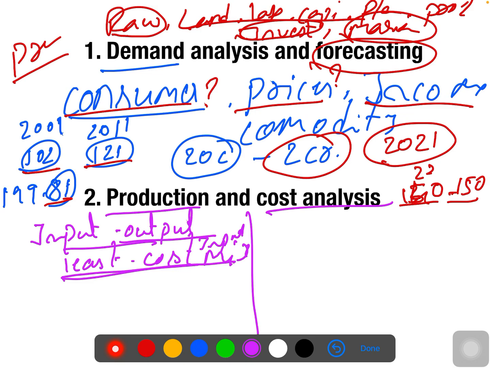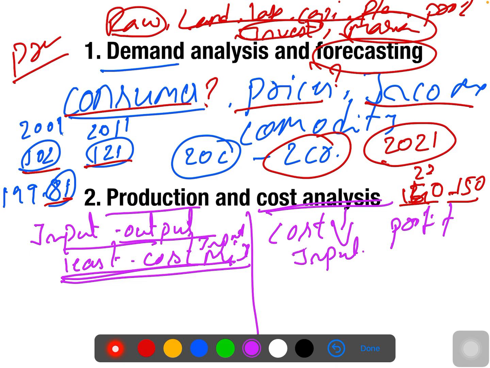On the other side, we're going to talk about cost analysis also. What should be the cost? If the cost is less for the production, the profit will be more. For that reason, least cost methodology will be analyzed. What is the cost we are using for the inputs? If you reduce this, the profit margin is going to increase. How can we increase the profit margin?